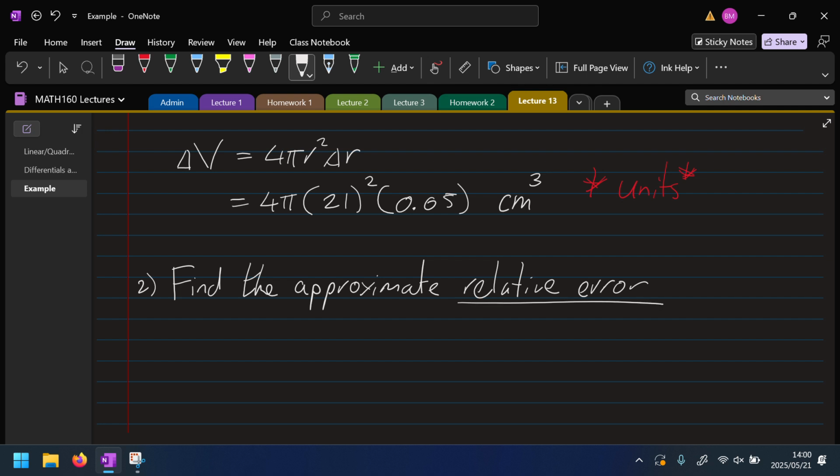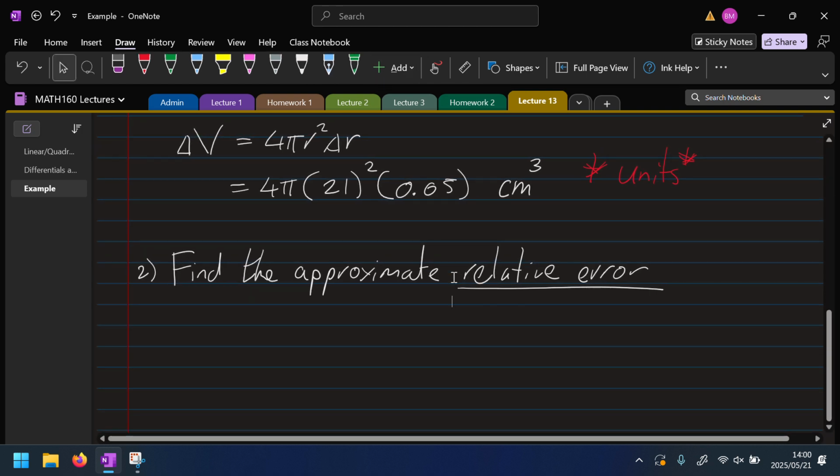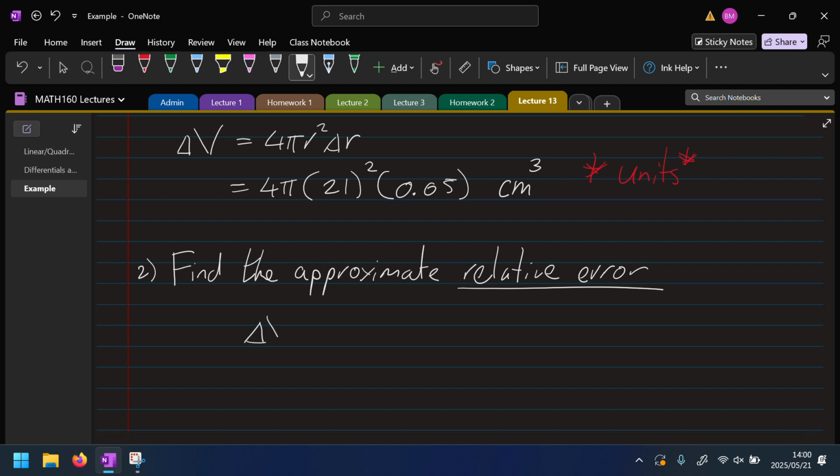Okay. Relative error is very simple, so we'll do it for this example, but you'll get the idea. You take the error, whatever it is, in this case delta V, and you divide it by whatever you're measuring. In this case, it's V. That's it. That's the relative error.